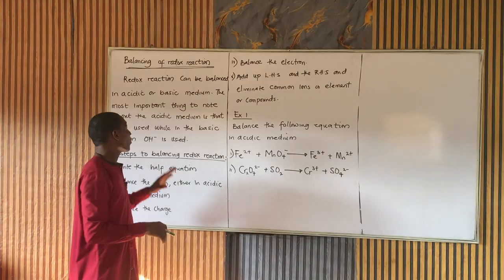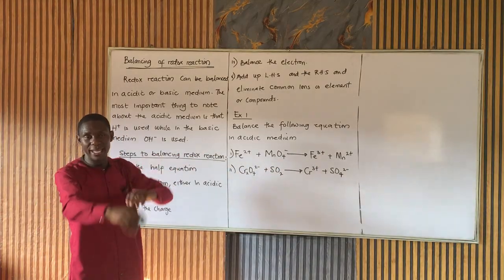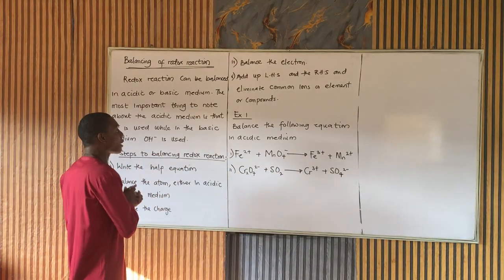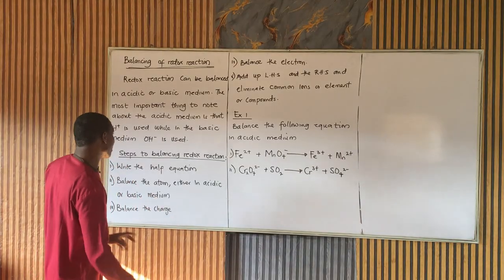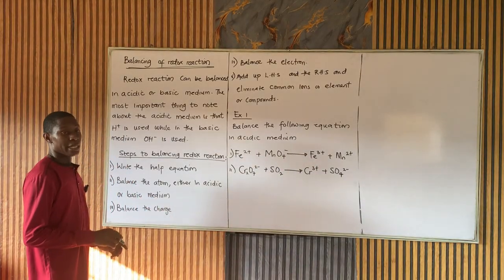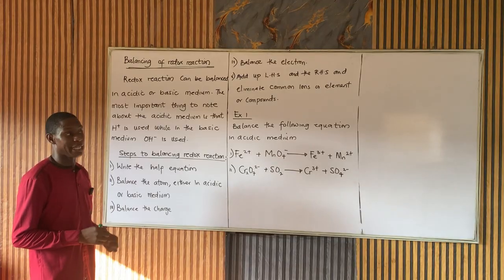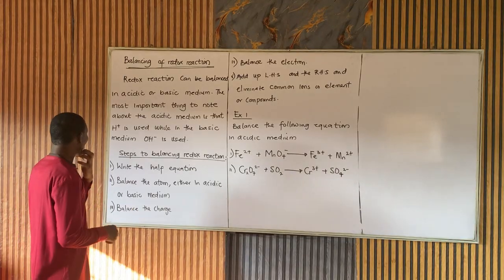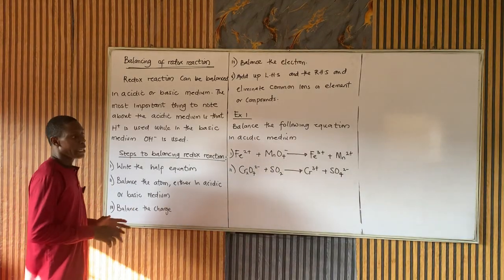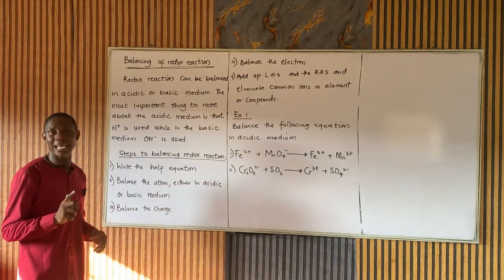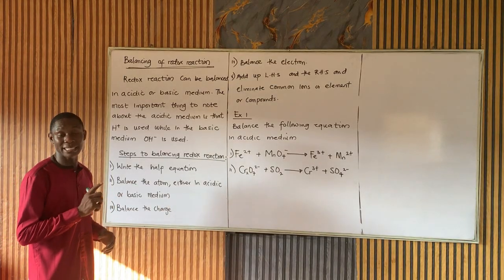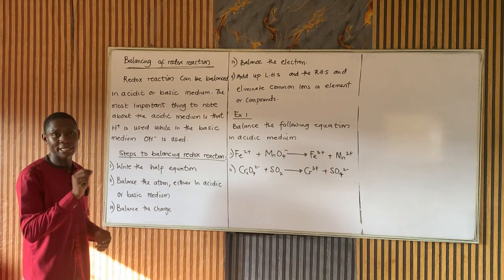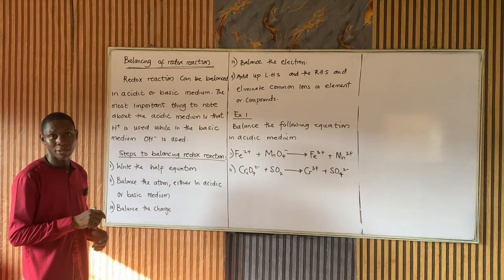Okay? So lastly, on redox reaction, we want to see how to balance a redox reaction. One thing to note here is that you can balance a redox reaction in either acidic medium or basic medium. If you are balancing a redox reaction in acidic medium, then you are using the hydrogen ion.